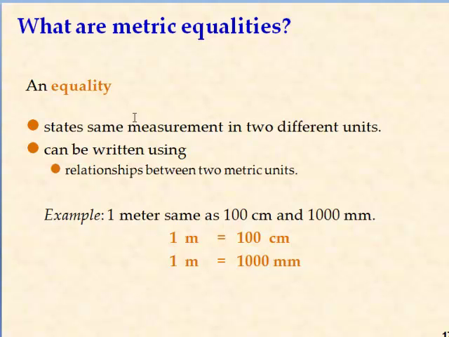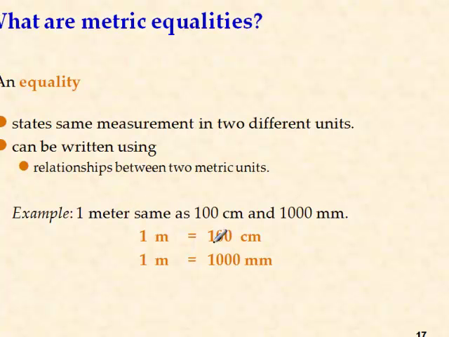So for example, let's look at a value of distance. Here we have a prefix of centi in front of the word meter. Now centi means 1/100, so that's why in a meter you have 100 centimeters, and in a meter you have 1,000 millimeters.